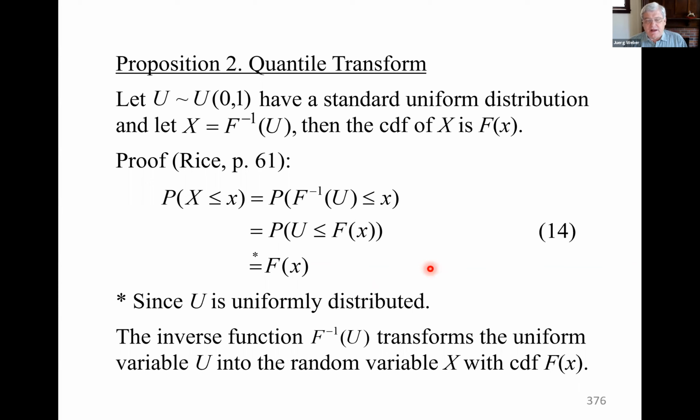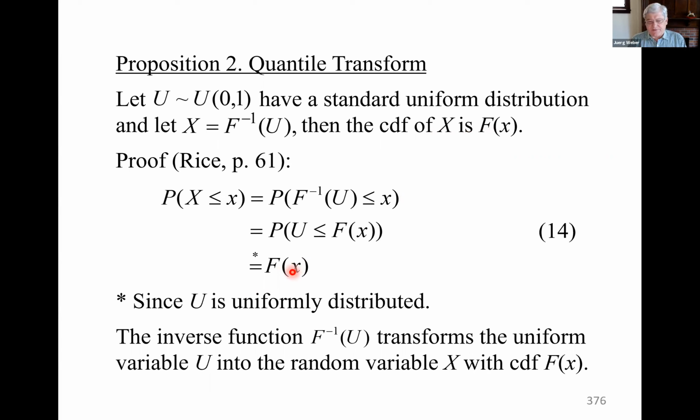So here, Fu is smaller than Fx, so you just get this critical value, then Fx down here. So that last step holds because u has a uniform distribution. You just get the Fx here. So the probability that x is smaller or equal than x is Fx. Okay, so that's what we said here. So x has the cumulative distribution function Fx, the original one. So that concludes the proof.